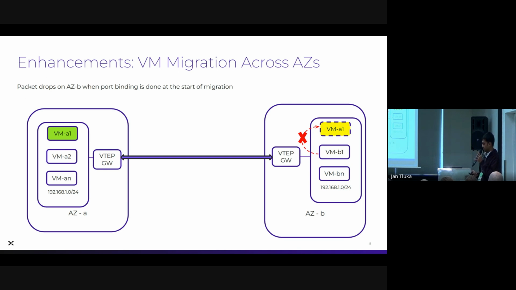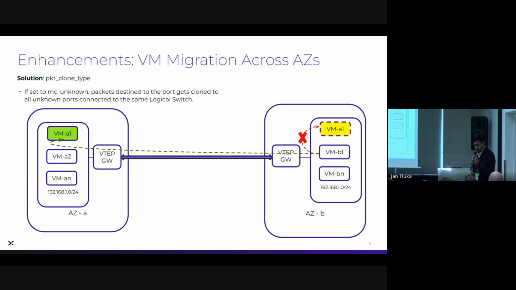For this, we have introduced a new option called packet clone type. Currently, it supports only one value, an enum of one value, MC unknown, which is multicast unknown.